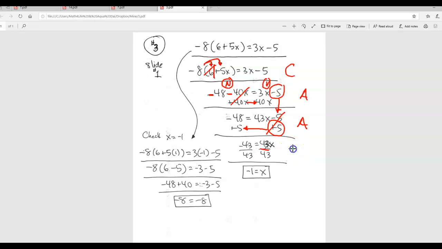And last but not least, we finish up with our letter E. And our letter E is doing the wind up, find a quotient. So I divide the coefficient by itself. So 43 divided by 43 gives me my invisible uno. And then what I do on one side, I do on the other.